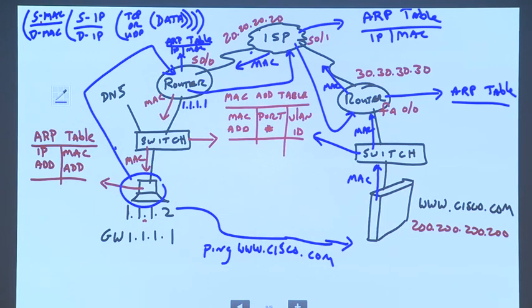So we're using this router to route between the 200 network and the 30 network, this router to route between the 30 network and the 20 network, and this router to route between the 20 and the 1 network. Does that make sense to everybody? So routers run at layer 3, switches run at layer 2, or the MAC addresses.